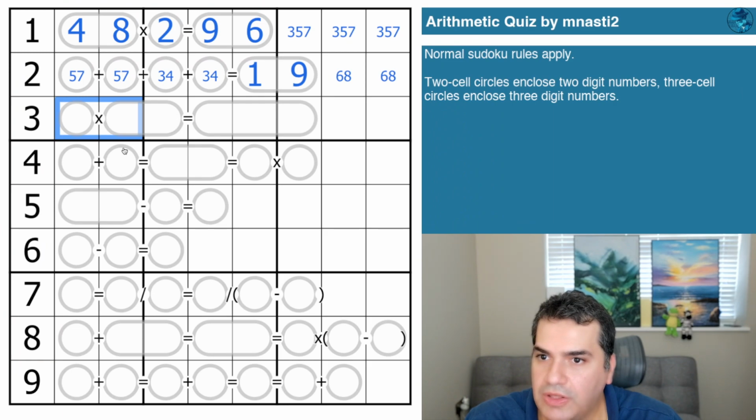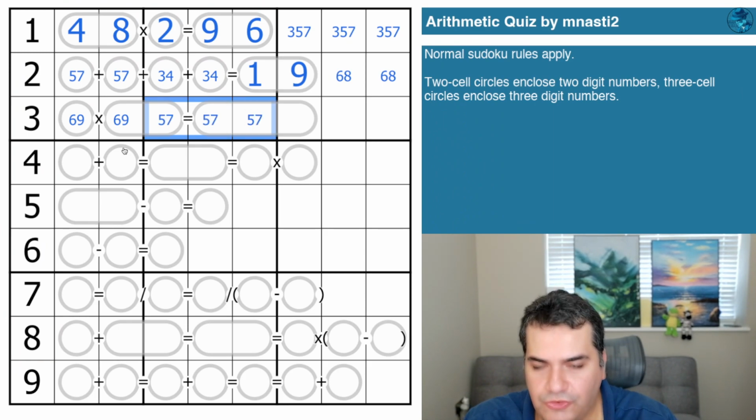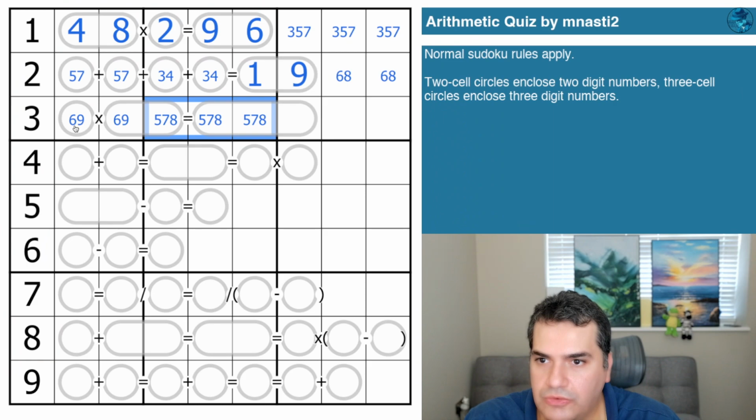We are now left with 6, 9 in the box. We are now left with 5, 7, and 8. So essentially we've got 6 times 90 something, or 9 times 60 something.